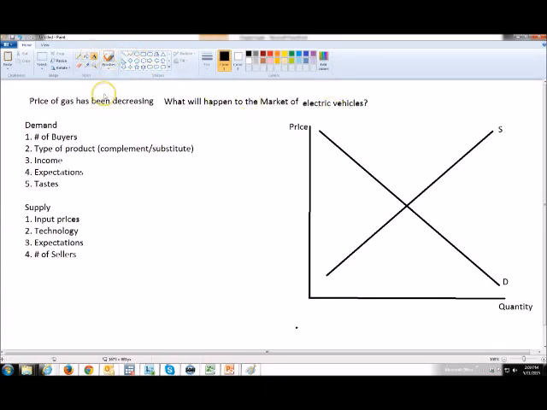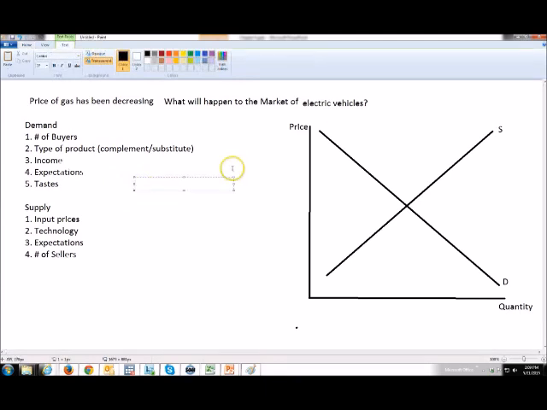So now, if we are thinking that way, then we can say gas and electric vehicles are substitutes. A fall in the price of gas will lower demand for electric vehicles.